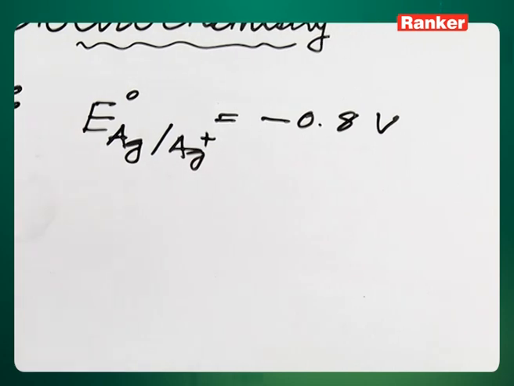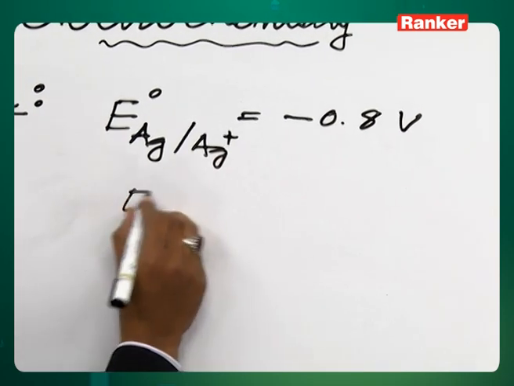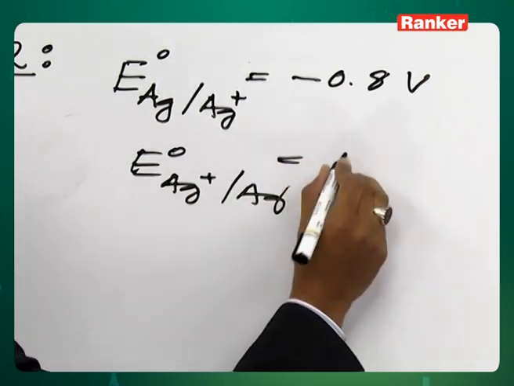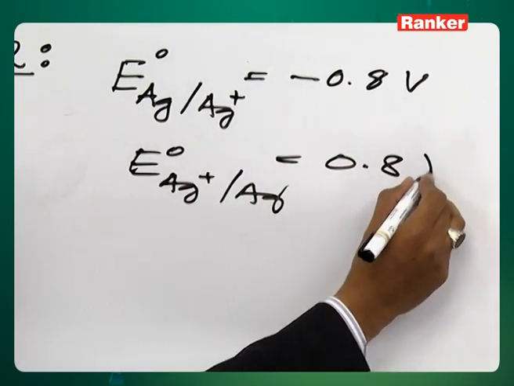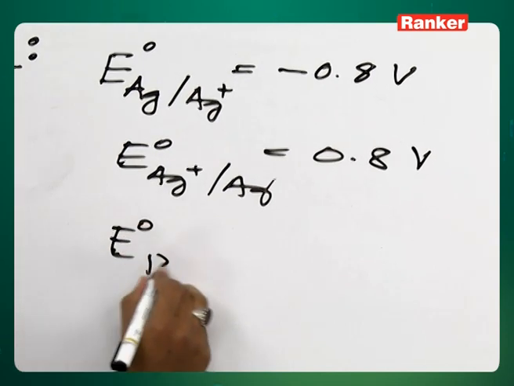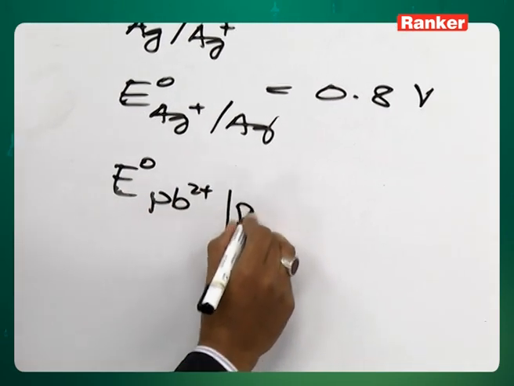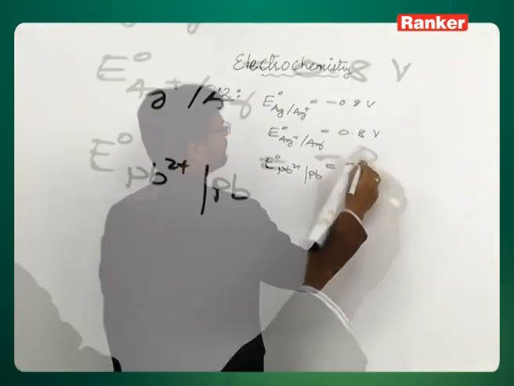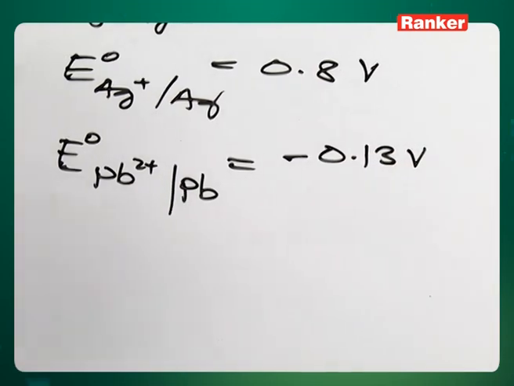Actually, this is the standard oxidation potential. So obviously E naught of Ag plus/Ag reduction will become plus 0.8 volts. And then E naught of Pb2 plus/Pb, the reduction potential, will be minus 0.13 volts.